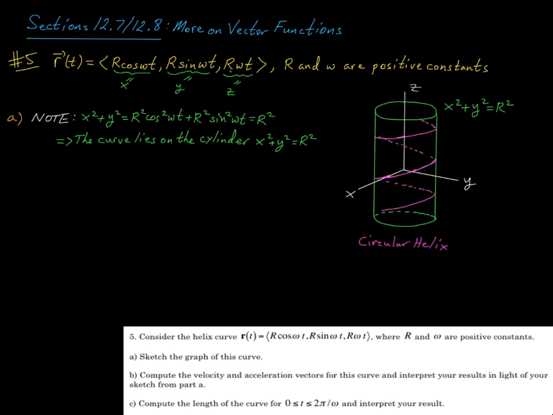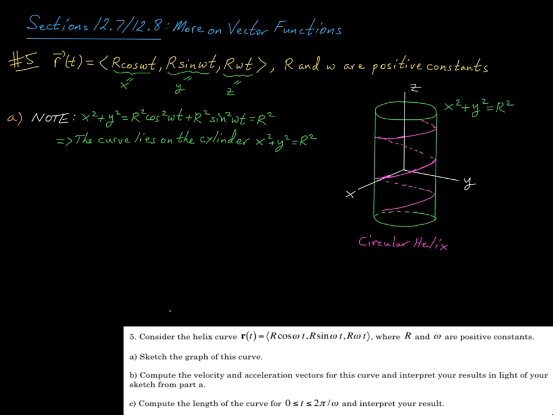Okay, so if you put this all together, as we let t increase, we're going to wrap around the cylinder following this circular helix curve, right? This is really similar to problem number 3 on the circular staircase. The rate at which we're increasing our height above the xy plane here is constant because, again, z is a linear function of t.